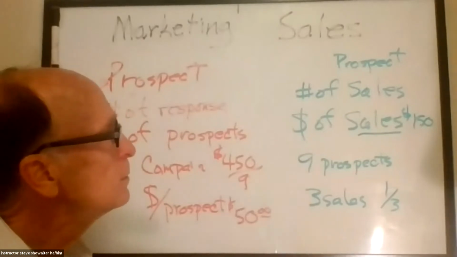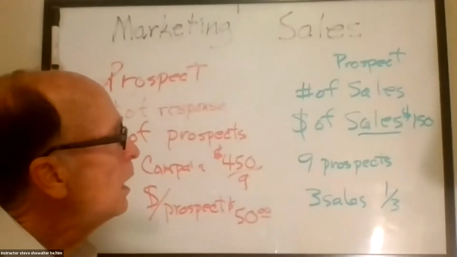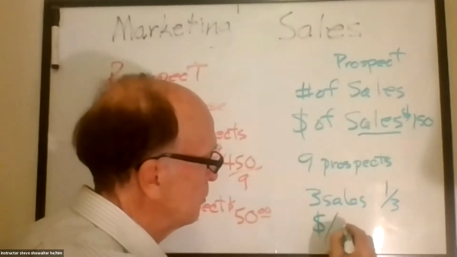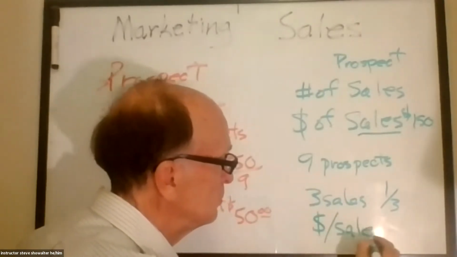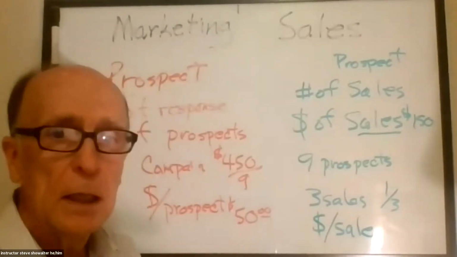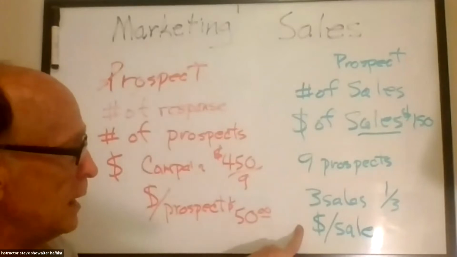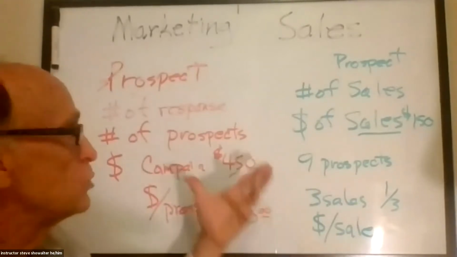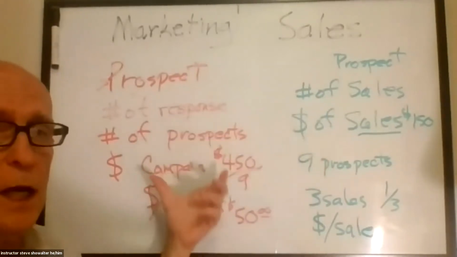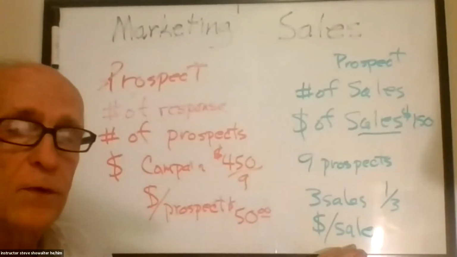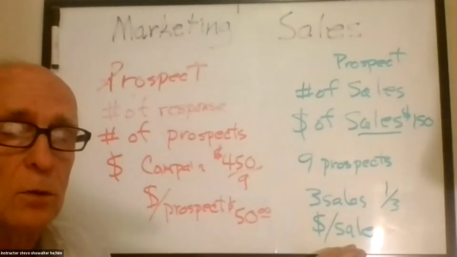Beyond that, I can do dollars per sale. And you can figure out, based on your marketing campaign, is one kind of customer, or one kind of marketing campaign, providing a larger dollar figure per sale or a smaller dollar figure per sale?